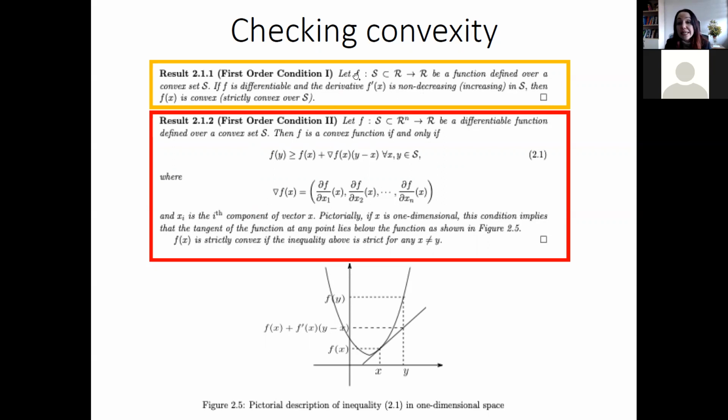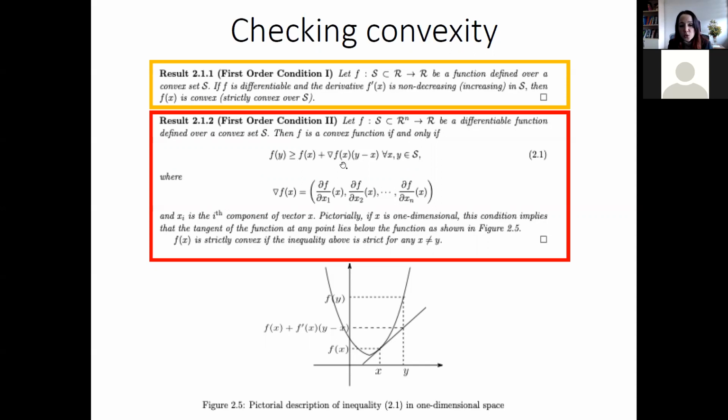If the derivative is increasing in S, then it is strictly convex. Another first order condition deals with the gradient.